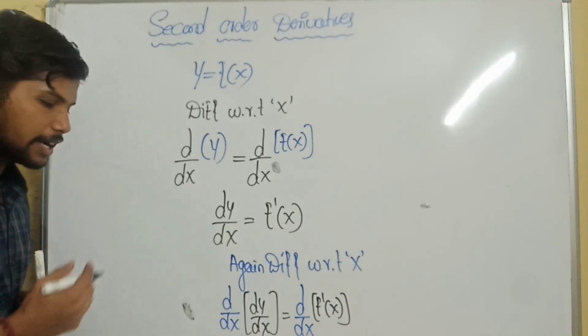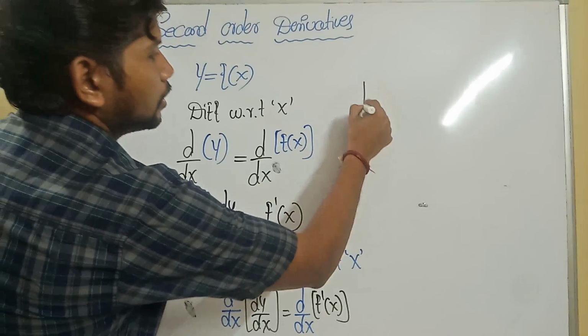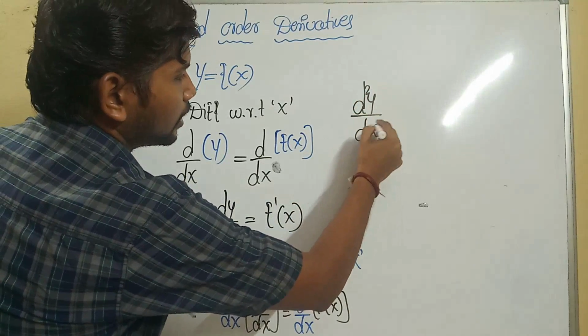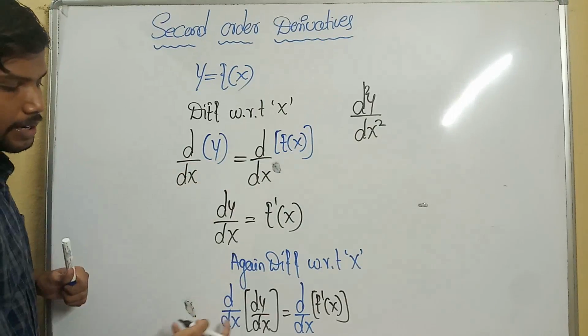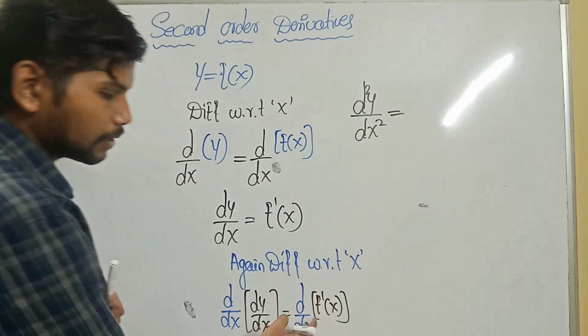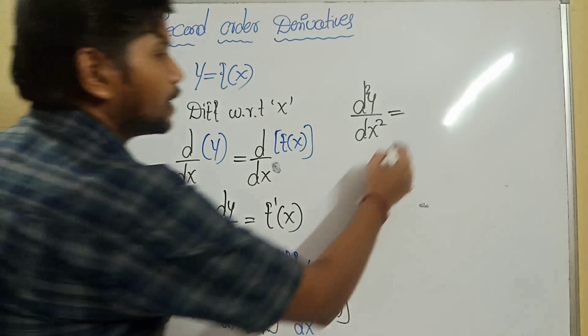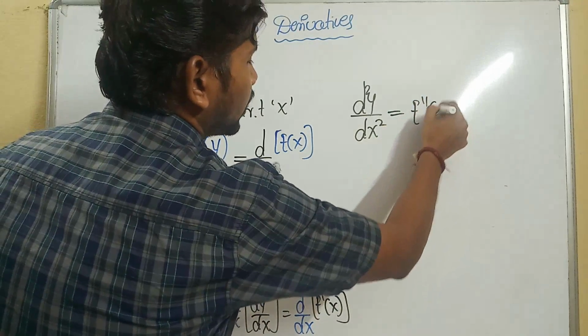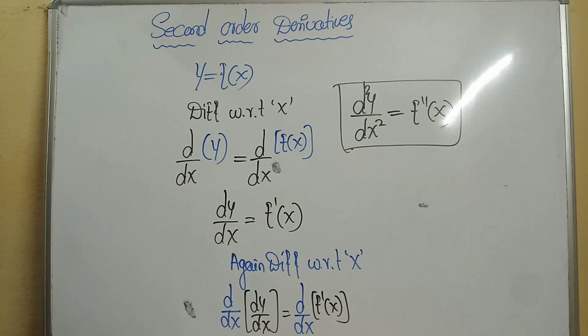What is d by dx of dy by dx? It will be d square y by dx square, equal to the derivative of f dash of x, which is f double dash of x. This is nothing but the second order derivative, where the given function is differentiated two times.